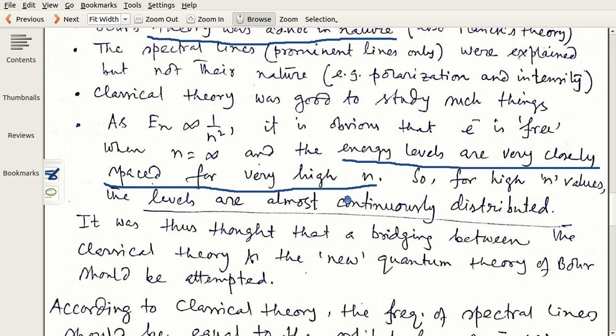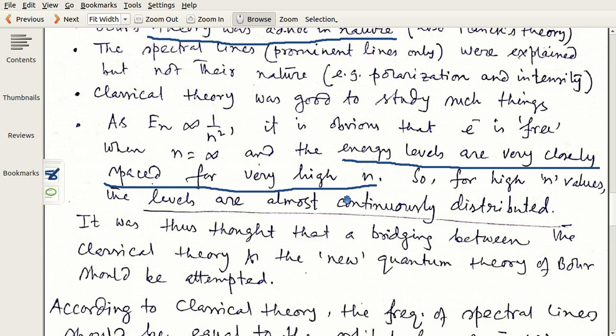It is a very important thing that the energy levels are very closely spaced for a very high n. So n being sufficiently high, there is an energy level which is close to 0, and say you now increase the quantum number by 1. Previously it was n, which is very close to 0, and now it is n plus 1, which is also very close to 0, in fact closer to 0.